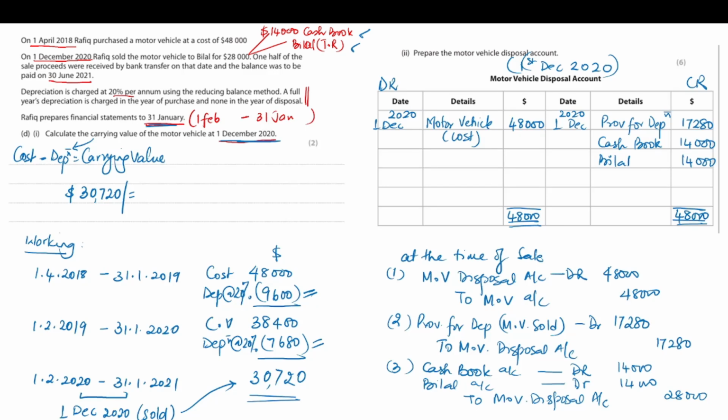It will be 17,280 plus 28,000, 45,280, minus 48,000. So we get 2,720. So 2,720 is the difference.